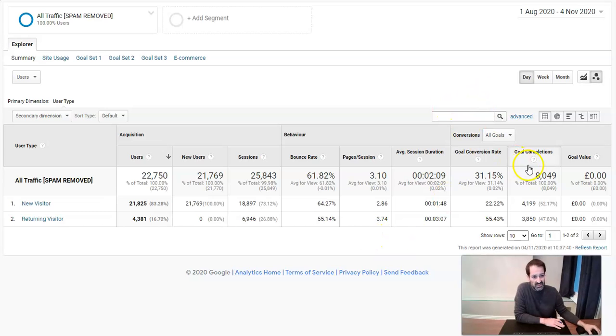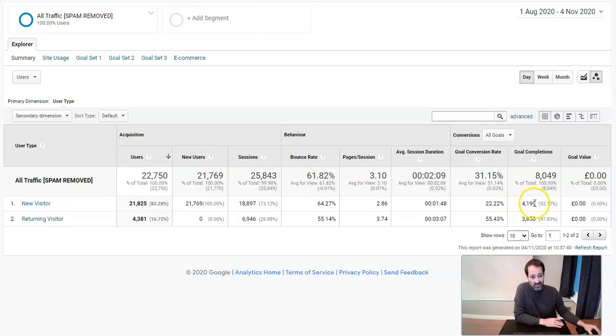You can see that for that specific client, for the last 3 months, they had a total of about 8,000 goals being filled out. What's fascinating to see here is the split between all the goals completed by those new visitors. Those are people who arrived, and right there in their first instance of arriving at the website, visited approximately 3 pages, and then ended up completing a goal, filling out the form or picking up the phone and calling.